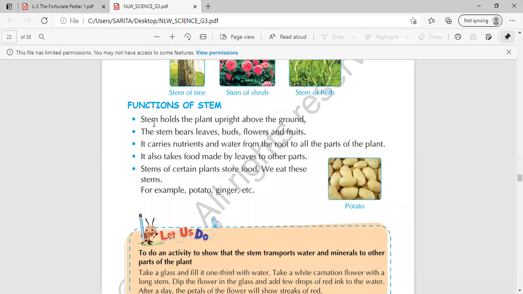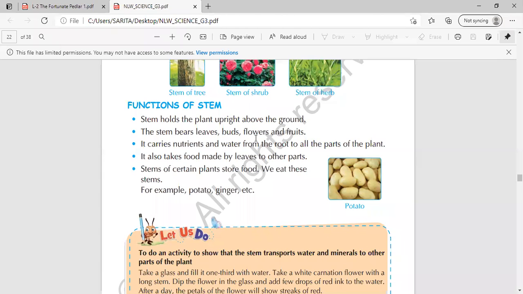Number one, stem holds the plant upright above the ground. As I told you, the stem keeps the plant straight above the ground. The stem bears leaves, buds, flowers, and fruits.